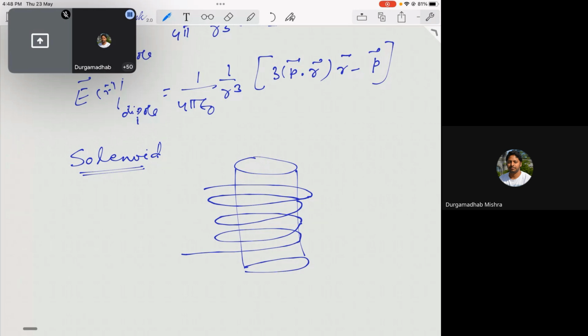You can simply use Ampere's law to calculate the magnetic field produced due to one single current carrying wire, and then extend it to these coils and find the magnetic field produced due to the solenoid geometry, which is always interesting in many physics experiments. So please go through that.